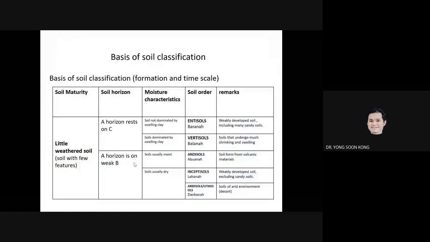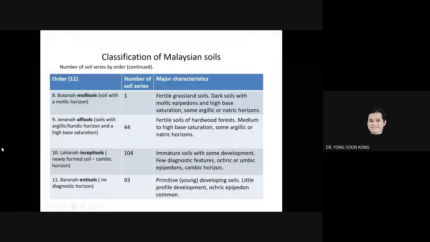So these are the 11 names, 11 bolded names. Don't look at the others, look at the bolded ones. Remember this one, and also its major characteristic. If you have been looking at the past year final exam questions, you notice that these will be the question. Either I give you the name of the order and I ask you what is the major characteristic, or the other way around.